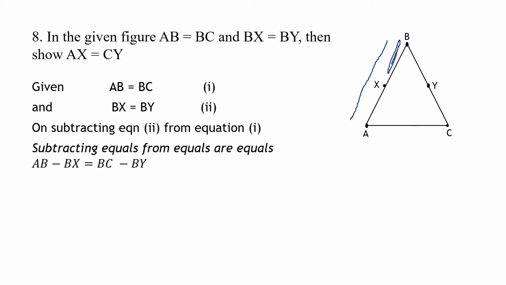Yes, AX remains. So AB minus BX gives us AX. Similarly, BC minus BY should give us CY, and hence we proved AX equal to CY. So here again the conditions were given that AB equal to BC, BX equal to BY, then we could show that AX equal to CY.